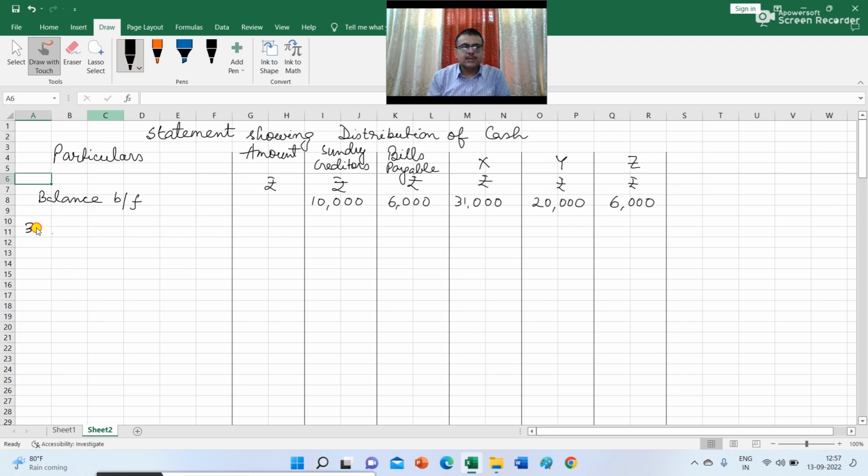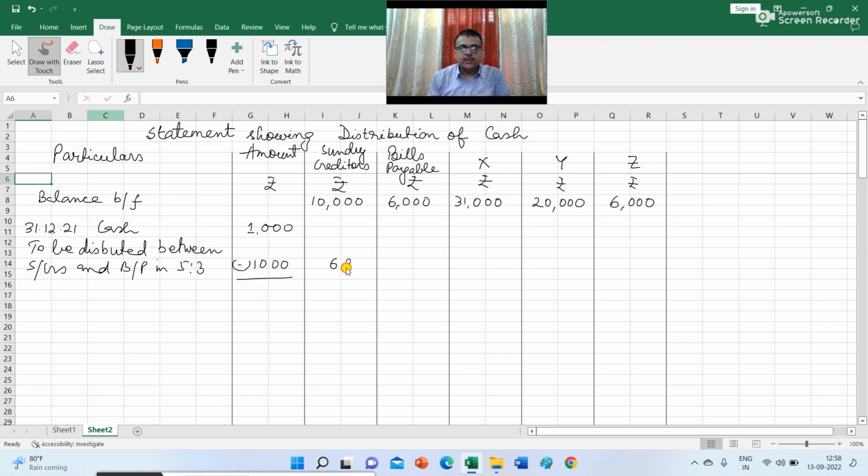On 31st December 2021, we have a cash balance of rupees 1,000 on the date of dissolution. This will be distributed between sundry creditors and bills payable in the ratio of 5:3.